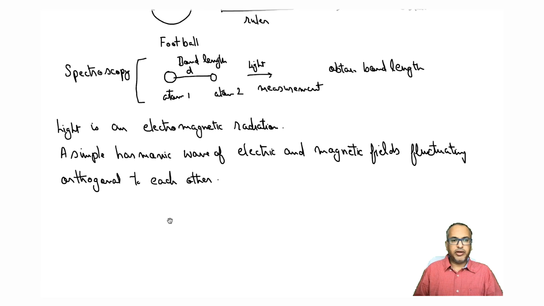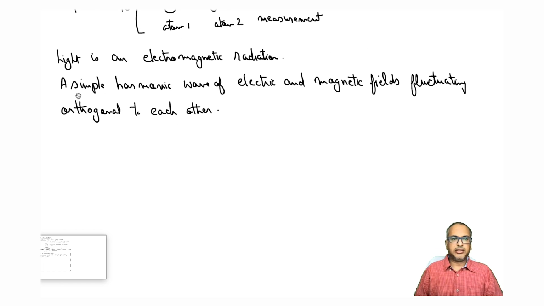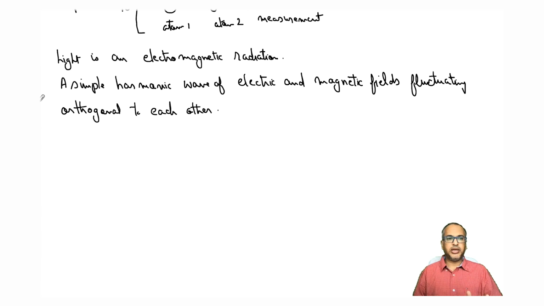There can be different types of light. For example, you can have gamma rays, X-rays, IR, infrared radiation, radio waves. All of these can be described as a simple harmonic wave of electric and magnetic fields which are fluctuating orthogonal to each other. What do you mean by that?